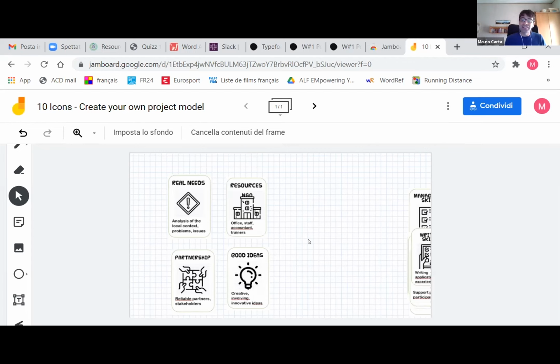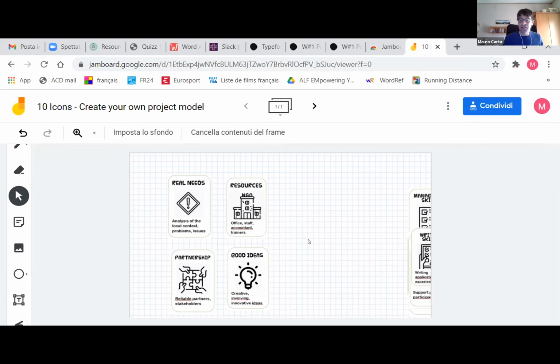Then, when these ideas are clear and you have the ownership of the idea together with the participants and the partners, you can identify the best funding opportunities that match your idea.